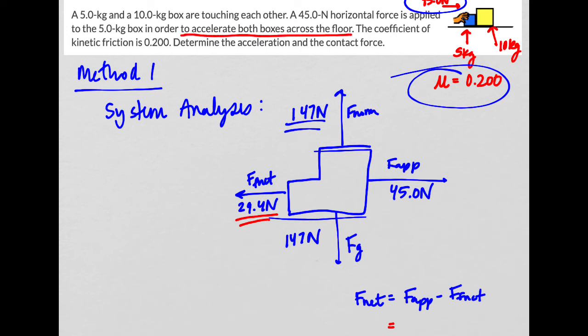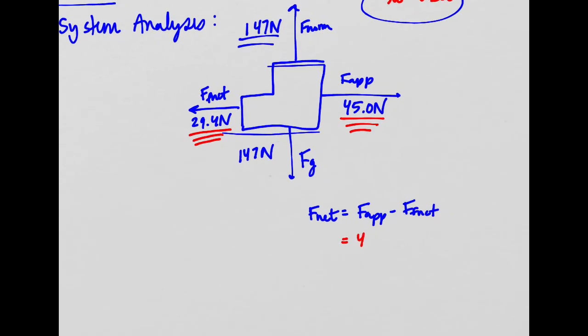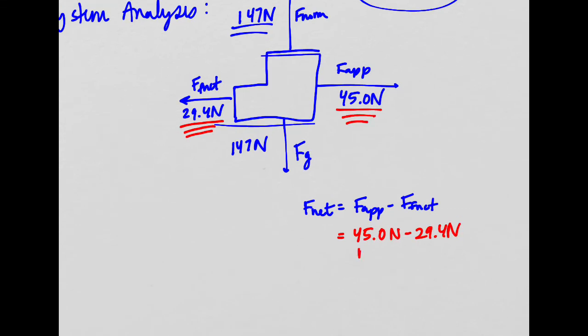So this force that the hand is pushing, this applied force of 45 newtons, is able to accelerate the box across the floor. So we want to make sure that our friction force is smaller than our applied force in order to ensure that we have an acceleration in the rightward direction, right? Because when we balance these out, we have 45 newtons minus 29.4 newtons, and this is to the right, and this is to the left.